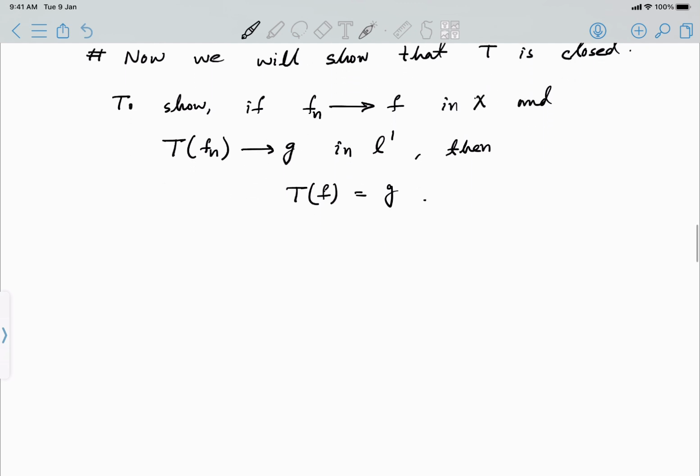Okay. So first note that convergence in X will imply pointwise convergence.